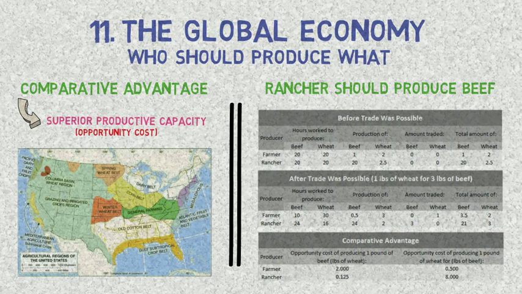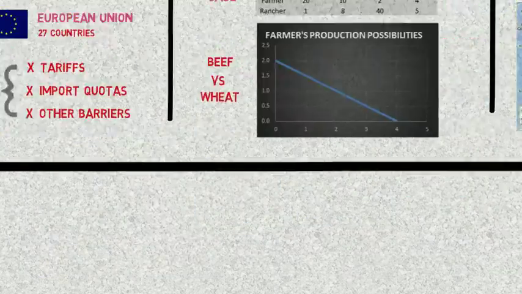Since the rancher's opportunity cost of producing beef is lower when compared to the farmer, the rancher has a comparative advantage in the production of beef, and, therefore, is better off producing beef. On the other hand, the farmer has a comparative advantage in the production of wheat. Therefore, the farmer is better off producing wheat.